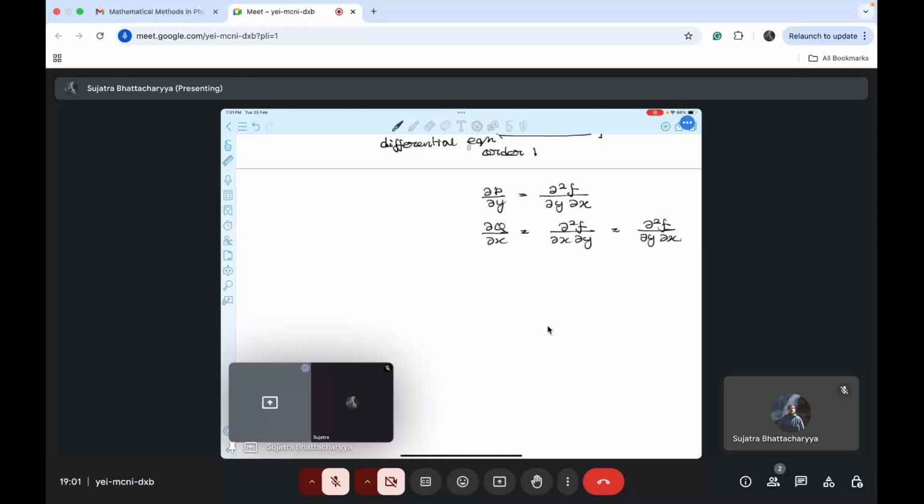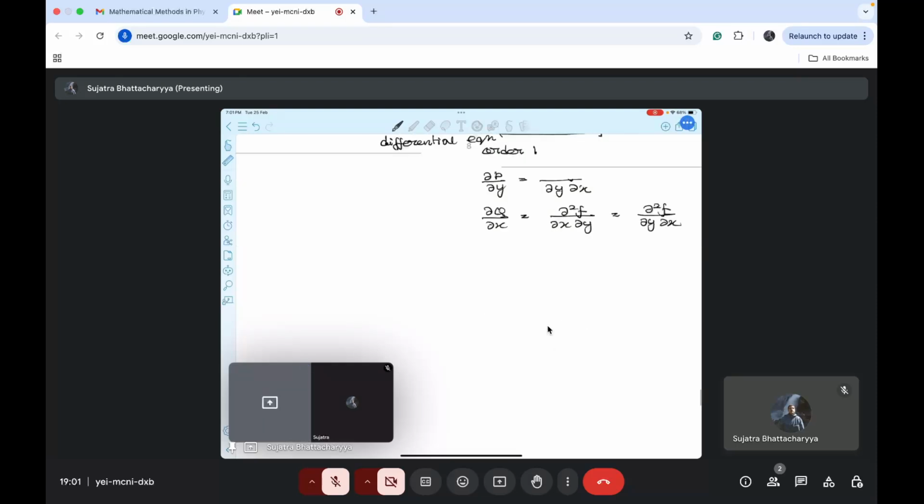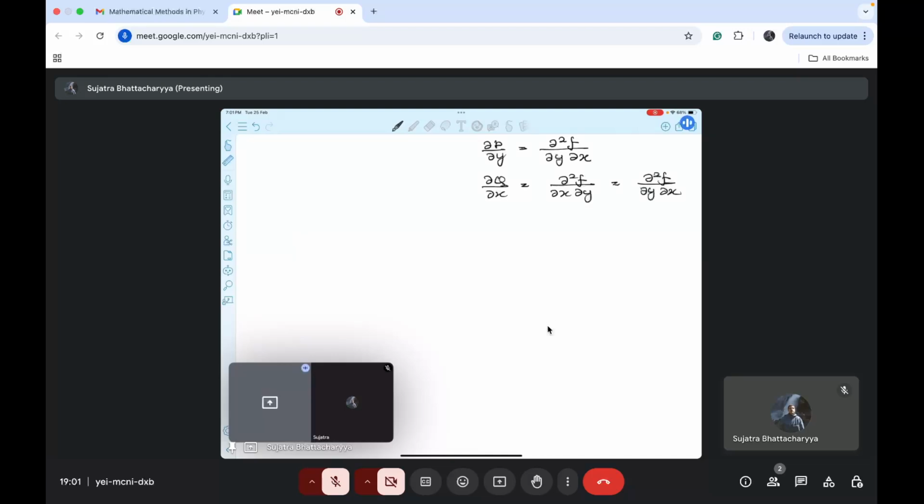Well, we can prove this, that delta p by delta y is equal to delta q by delta x. So what we can do is start with p of x comma y equal to delta f by delta x. So f will be nothing but the integral of p dx plus some g of y.